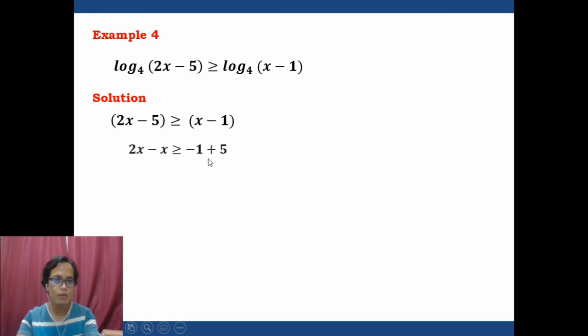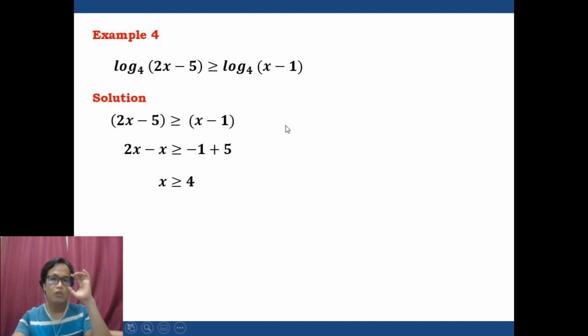So we can write the inequality as 2x minus x is greater than or equal to negative 1, plus 5. To simplify, 2x minus x is greater than or equal to negative 1 plus 5, which is positive 4. So this is our first inequality, x is greater than or equal to 4.